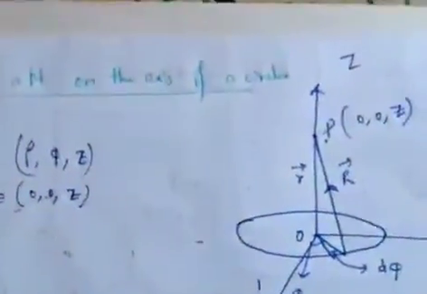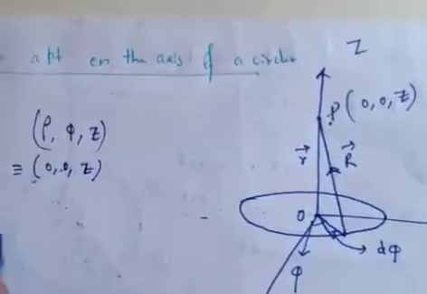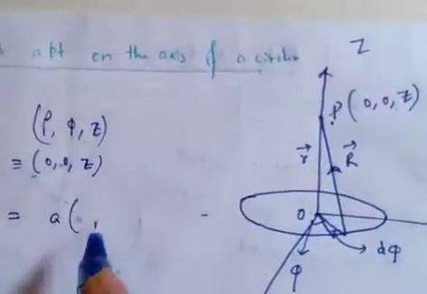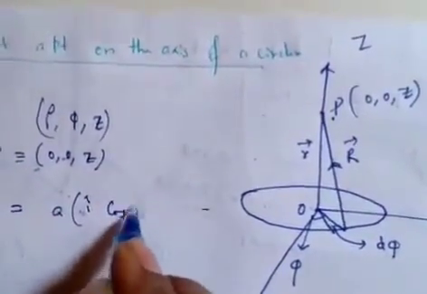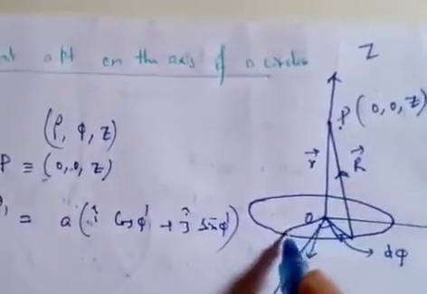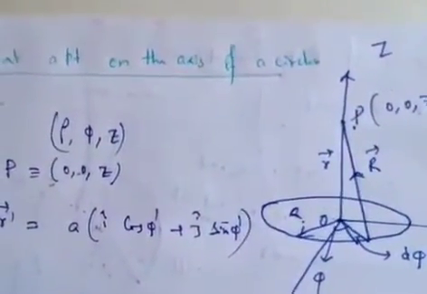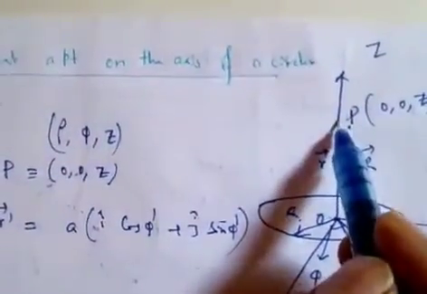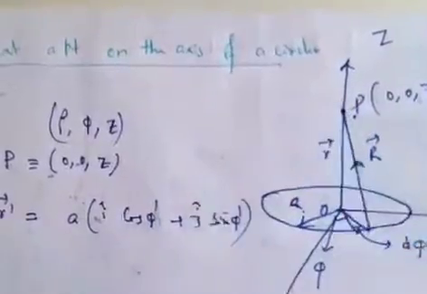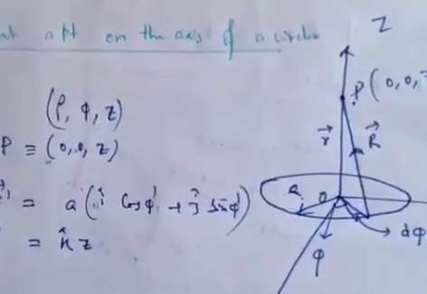Now the position vector of the source point is r prime vector equal to a times i cap cos phi prime plus j cap sin phi prime, where a is the radius of the ring or circular wire, and the field point is situated at P in the z direction.